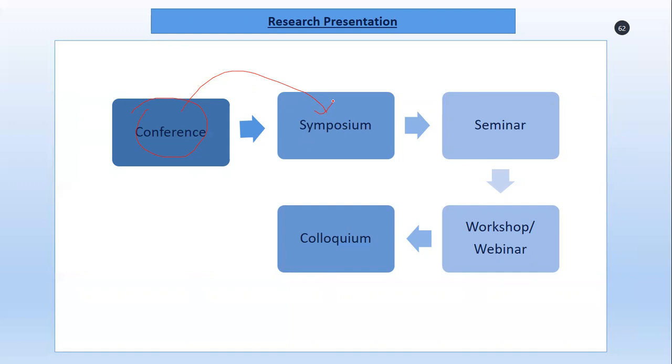So the pattern, the framework, is the same. They differ on the basis of the scope or scale. One is on the larger scale, that is the conference, whereas the symposium is on the smaller one.